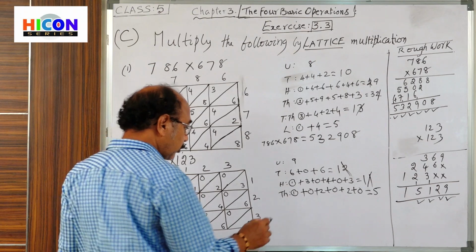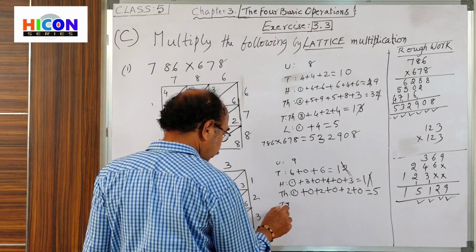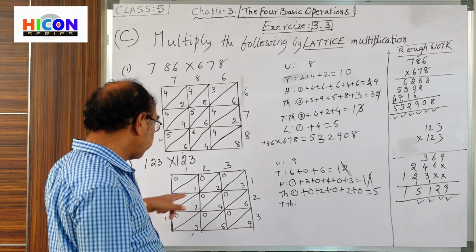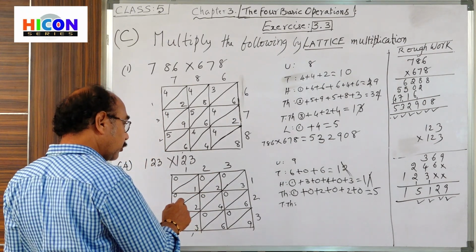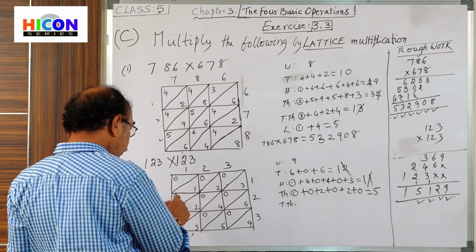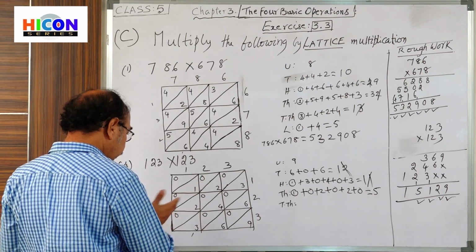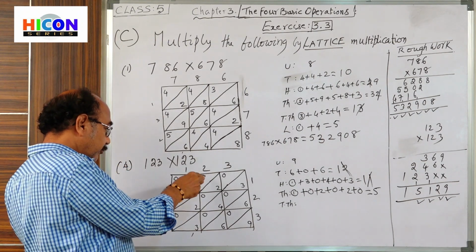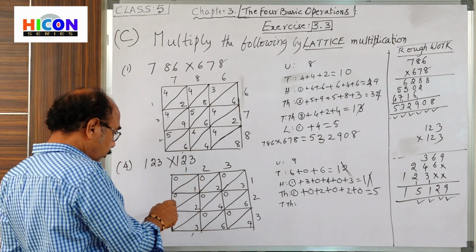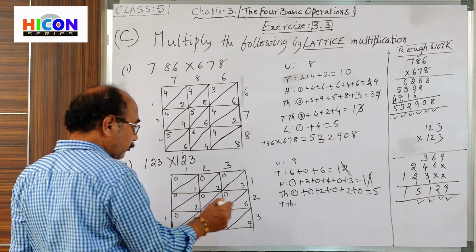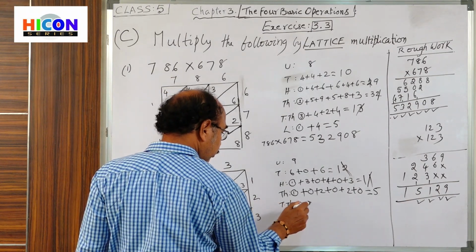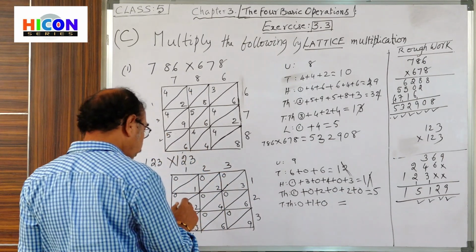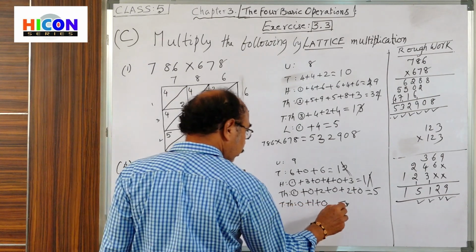Now come to 10,000. This diagonal now. See, 0 plus 1 plus 0. No carrying here. 0 plus 1 plus 0, how much? 1.